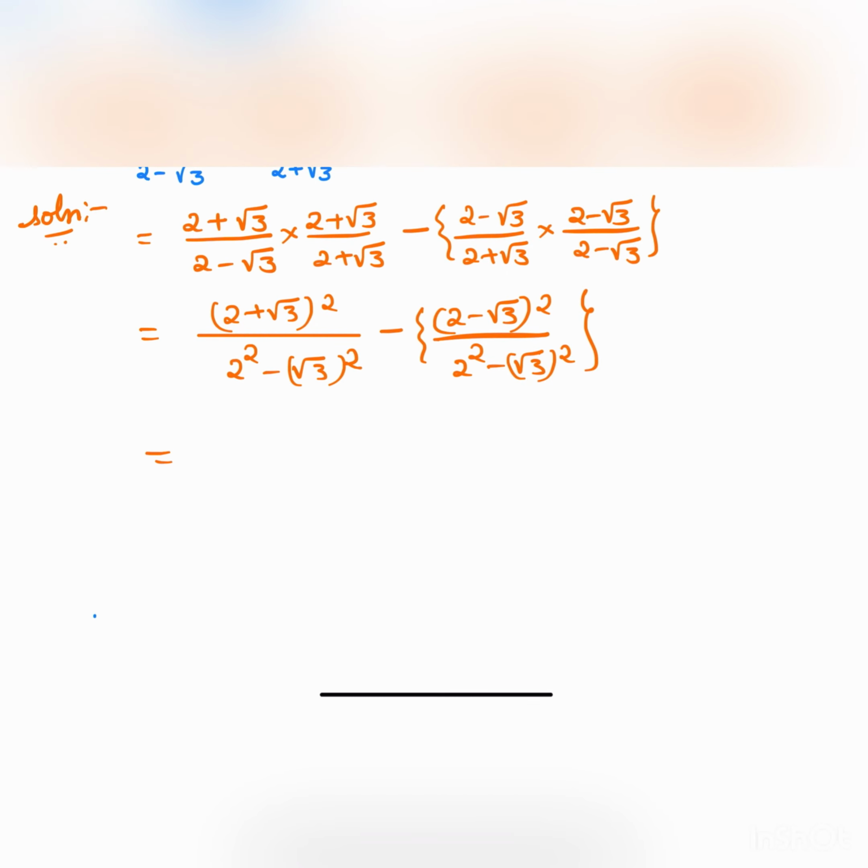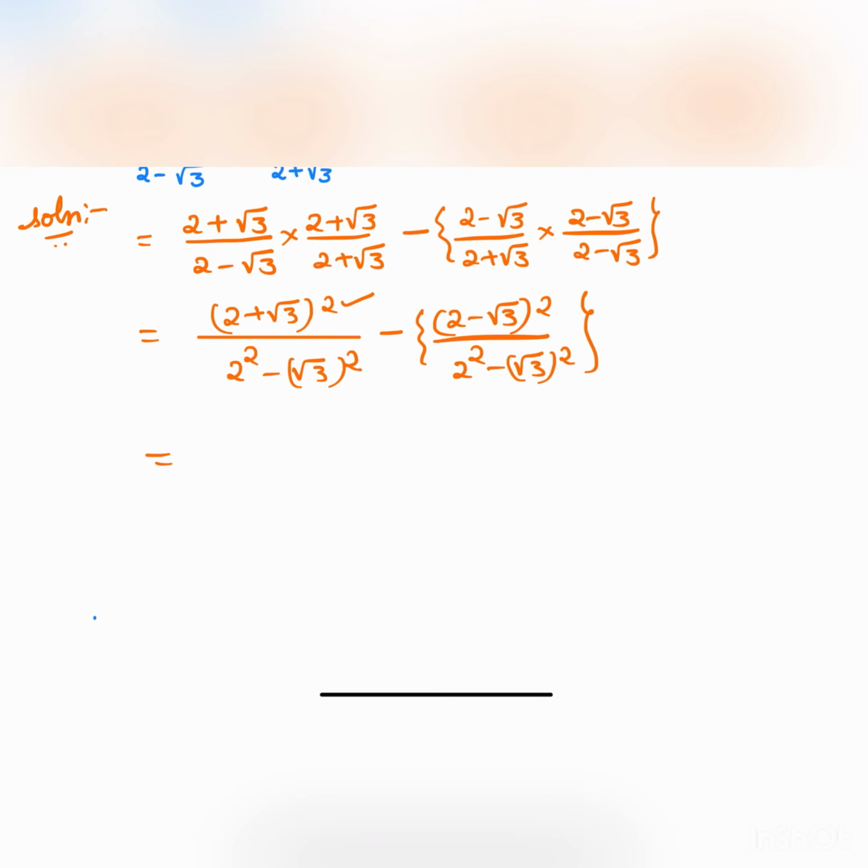Okay. Next, we can apply the formula a plus b whole square here. So it is 2 square plus 2 into root 3 plus root 3 whole square, a square plus 2ab plus b square, divided by 4 minus 3. Then minus, in this case it is a minus b whole square.